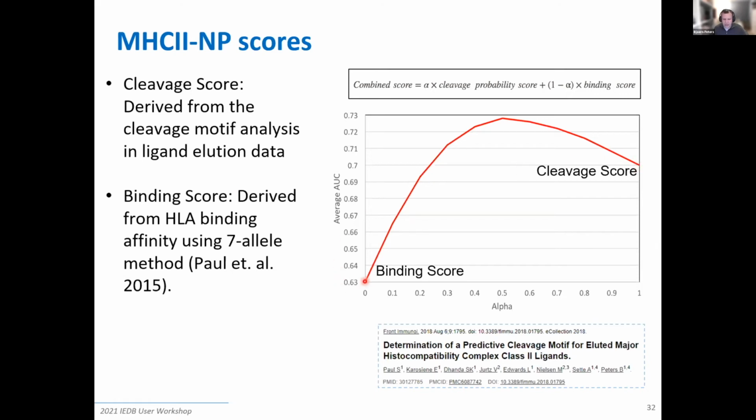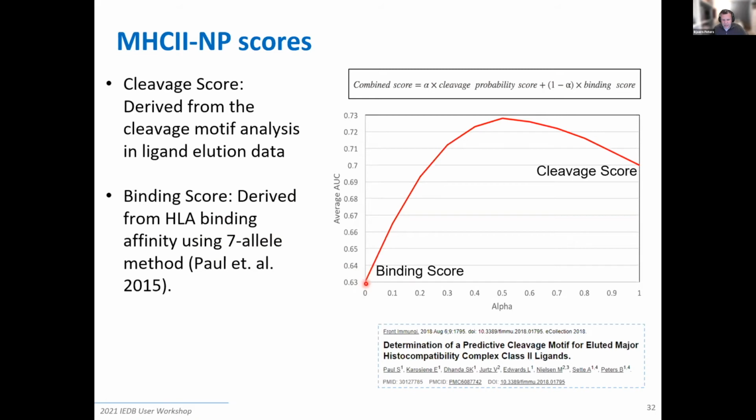We can combine that with the 7 allele score, which is able to, again, predict the likelihood of a peptide to be bound by these 7 alleles and then overall to be recognized. And then we can just say, okay, if we convert this, how likely is this peptide to be recognized by T cells? In this case, how likely is this peptide to be identified in a ligand elution assay?